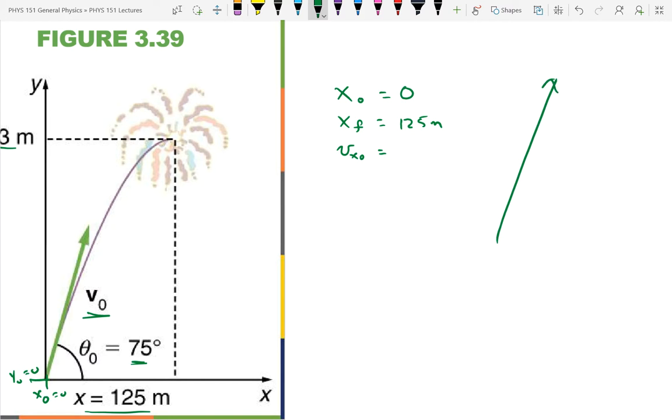So here's my initial velocity v0, and we know that it is at an angle of 75 degrees above the horizontal. So I'm going to make a right triangle with the two component directions.